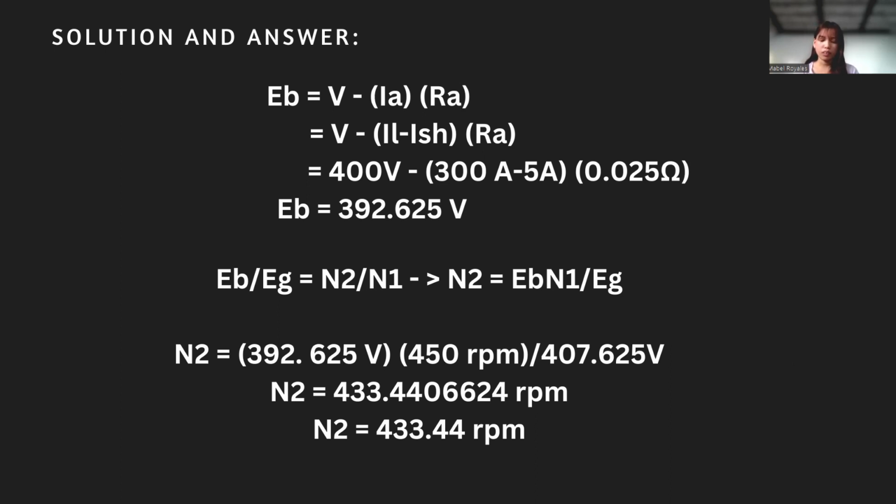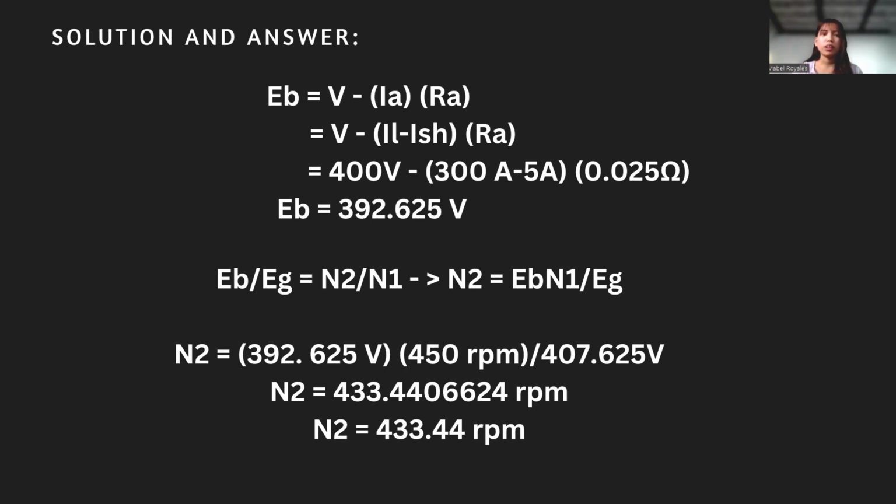Let's solve: 392.625 volts times 450 RPM over 407.625 volts equals 433.440664 RPM. So the speed we got is 433.44 RPM.